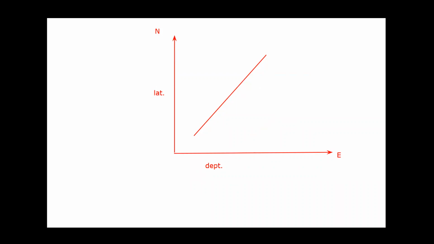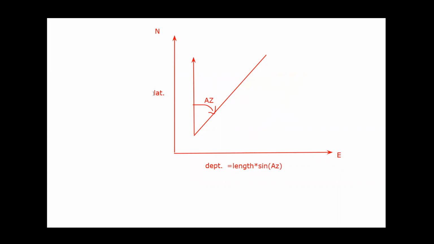And remember, our angles are measured from the north direction, our azimuth is. So this is here the azimuth, which means your departure equals the length times the sine of the azimuth.